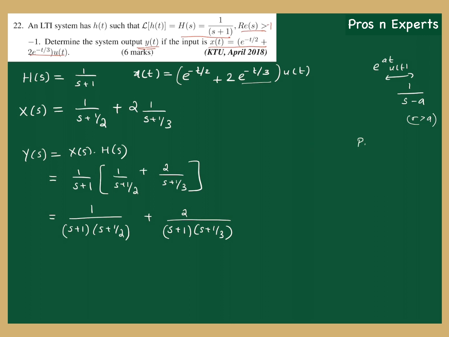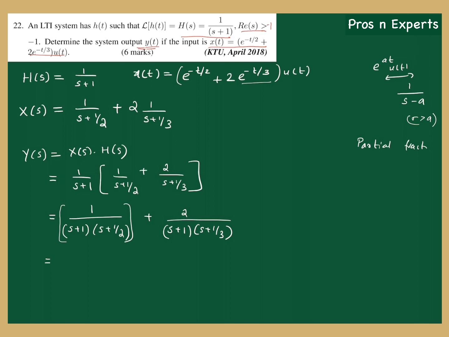We have here two terms, and I can separately find the partial fraction of these two terms. Suppose I'm first calculating the partial fraction of this term. Now we have in several problems learned how to make a partial fraction, how to find the constants A, B, C, etc. But in this problem, let me tell you a very simple method of making partial fractions. First I am taking this term and finding the partial fraction.